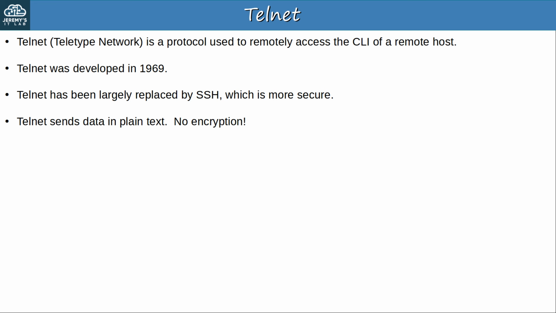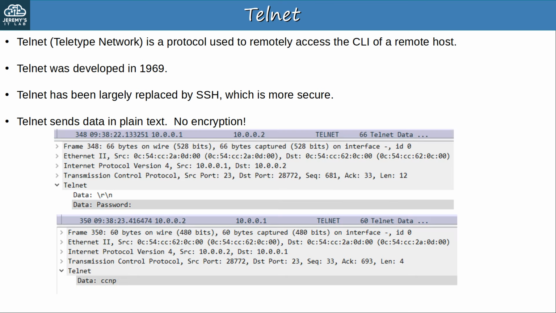Telnet sends data in plain text, no encryption. So if someone uses a tool like Wireshark to capture the traffic, they can read exactly what was sent. Let me demonstrate. Up top is a Telnet packet sent from R1. Inside it says password. This is the password prompt the CLI displays when trying to log in. I entered the password, and it was sent in a packet to R1.